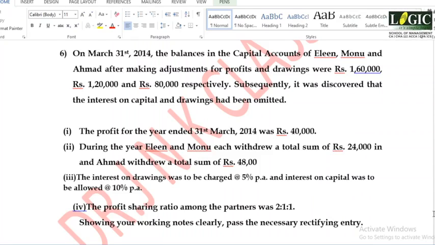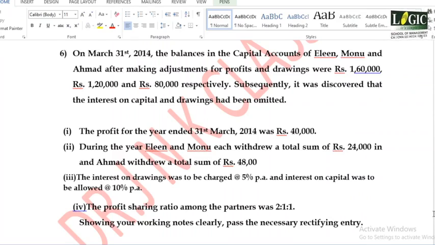Subsequently, it was discovered that the interest on capital and drawings were omitted. The profit for the year ended 31st March 2014 was 40,000 rupees. During the year, Eileen and Monu each withdrew a total sum of 24,000 and Ahmed withdrew a total sum of rupees 48,000.